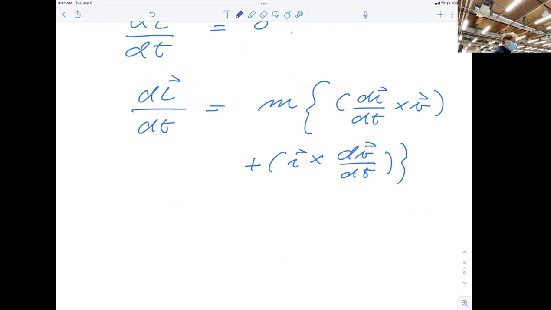So the first term, this is just the velocity cross the velocity, right? So this becomes equal to m times v cross v. This is interesting. And then we have r, and then we have the mass multiplied with the derivative of the velocity. That's just the force, right?